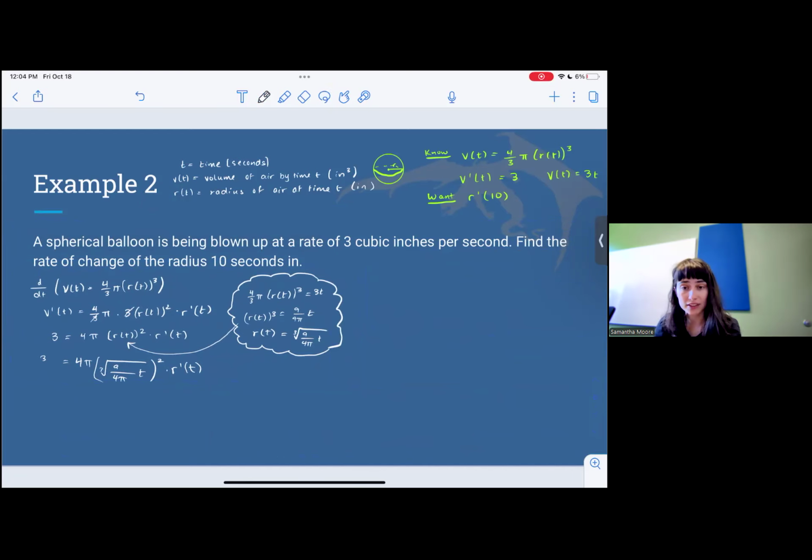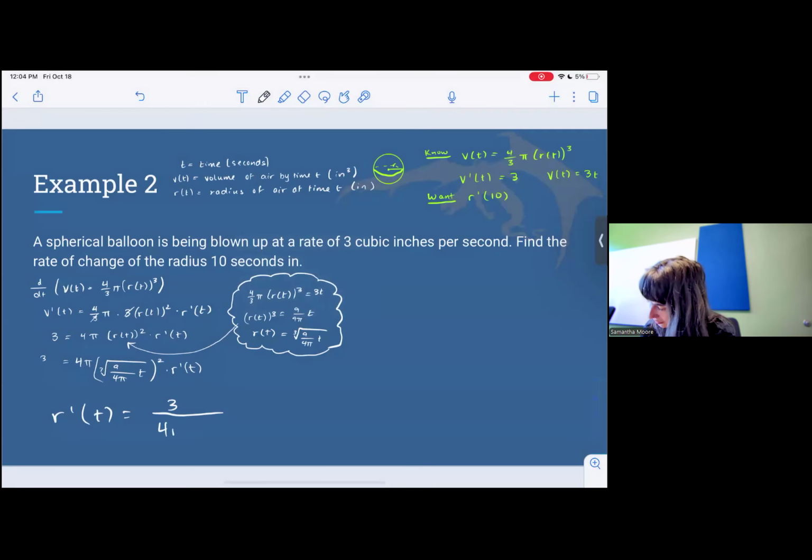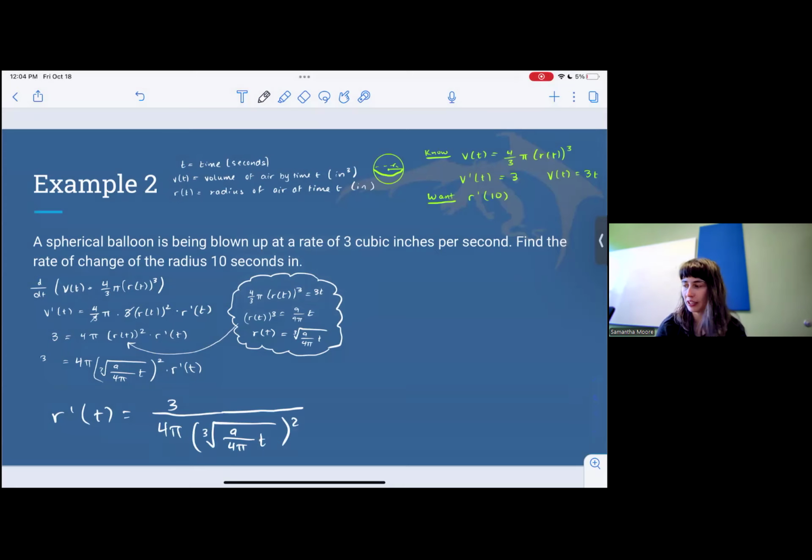So let's just solve this final equation for r prime of t. This says that r prime of t equals 3 over 4 pi times the cube root of 9 over 4 pi t, squared. That's for any given value of t. And so in particular, we wanted r prime at 10.